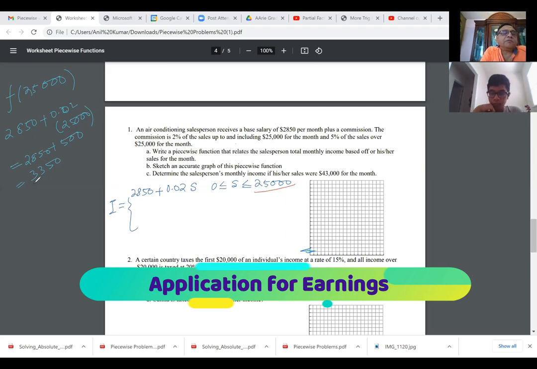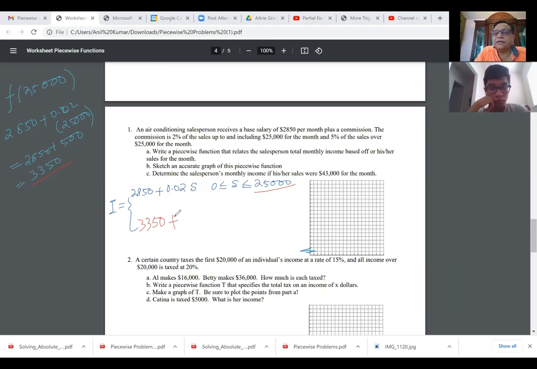So the minimum which the person gets on this is 3,350. So what I've done is I've calculated the value and introduced it right here. That on the first 25,000, the income becomes 3,350, right? On this, whatever extra was the sales, above 25,000, only on that amount.